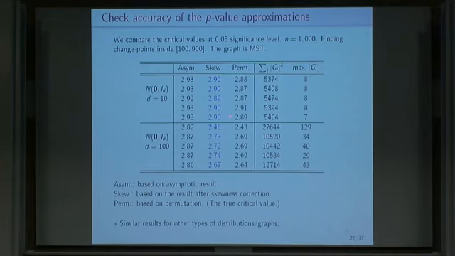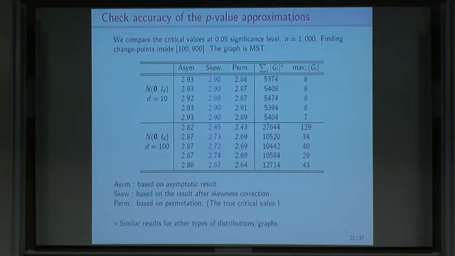The first column is the result from the first-order approximation, which I call asymptotic approximation. The second column is the one after skewness correction, which I just call skew. And this one is from 10,000 permutations, which we can think of as the truth. So we would like to compare the first 2 columns to the last one.